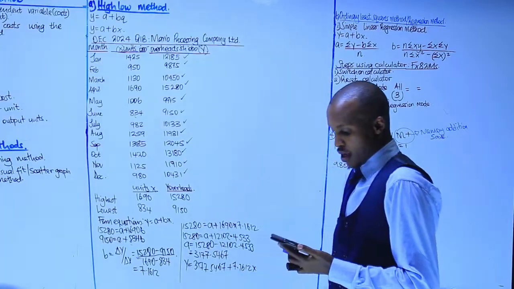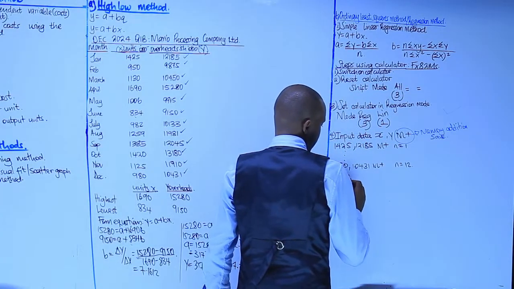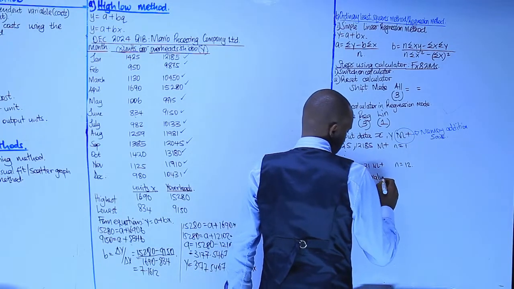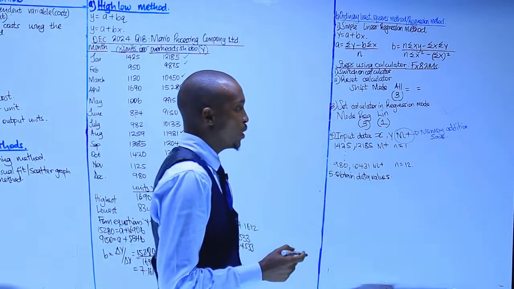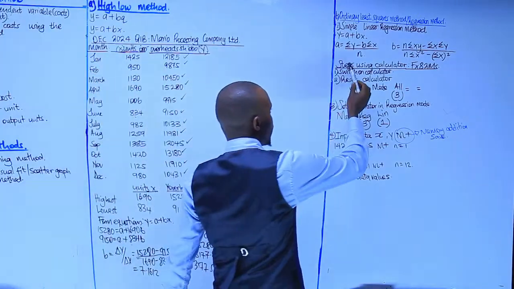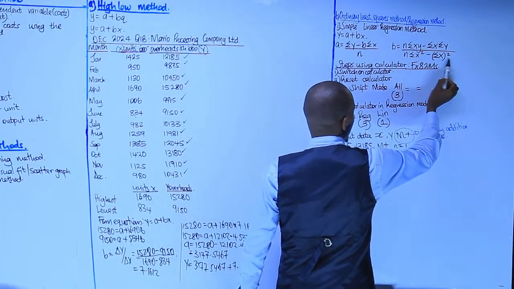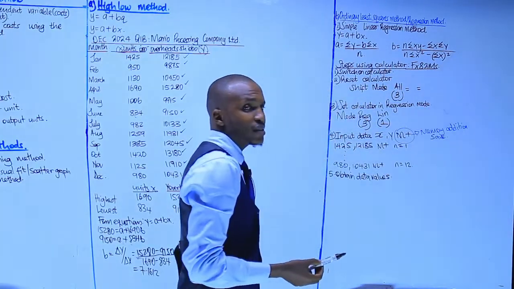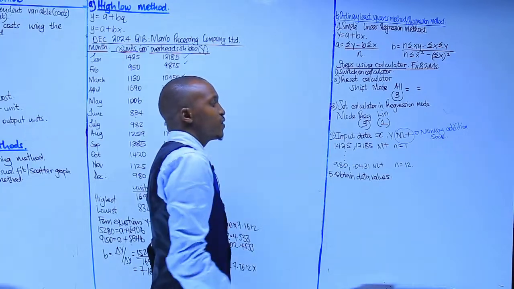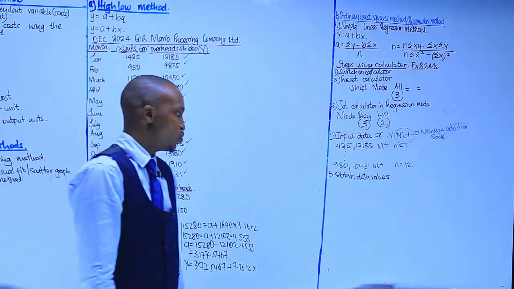Okay, the next step is to obtain the data values which are unknown to us. So far you don't know these values, but since you have inputted everything in your calculator, you are able to obtain them. How do you do that?